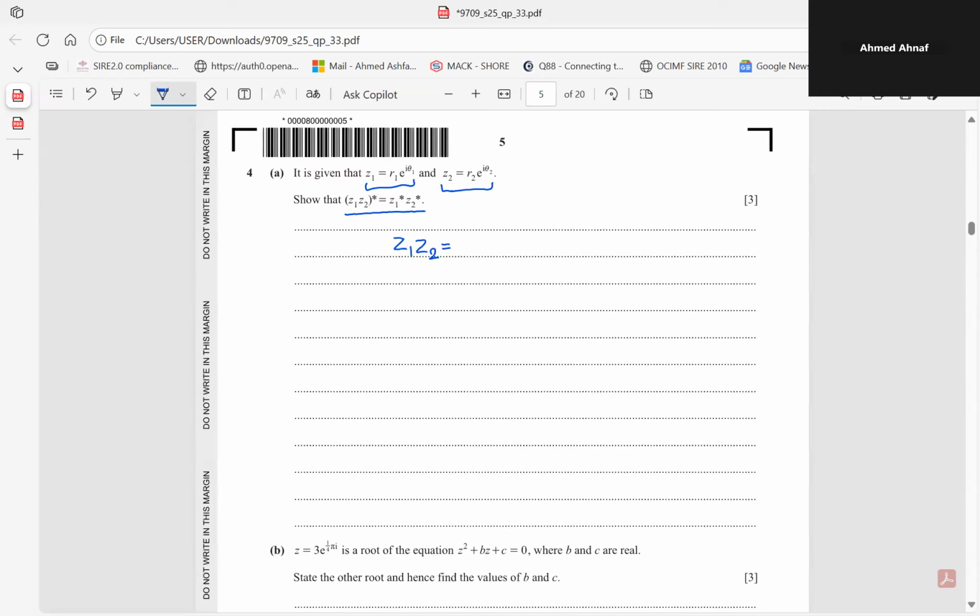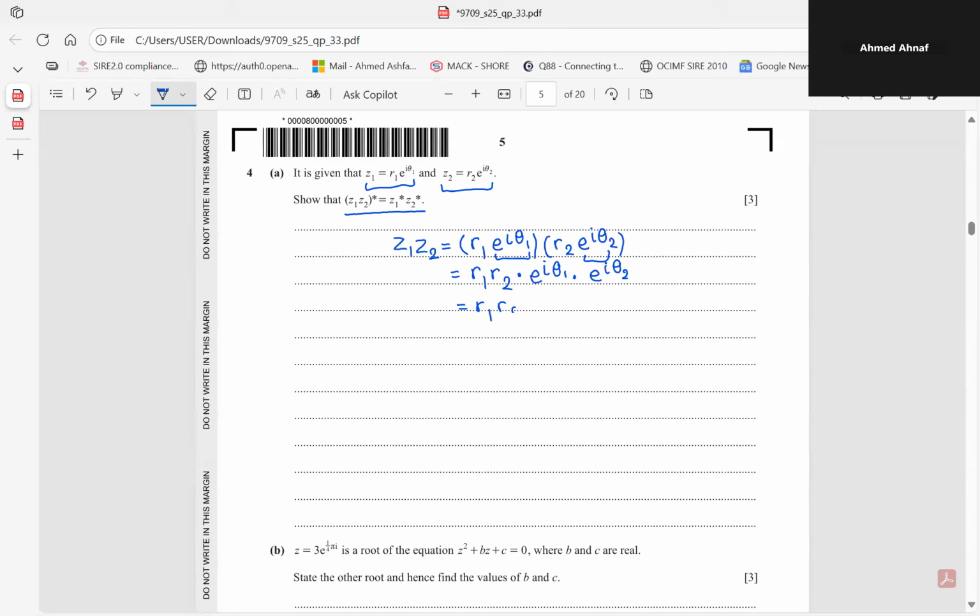Z1 is R1 times e to the power of i theta 1 times R2 e to the power of i theta 2. So we can multiply R1 and R2 together and the exponentials together. So e to the power of i theta 1 times e to the power of i theta 2.